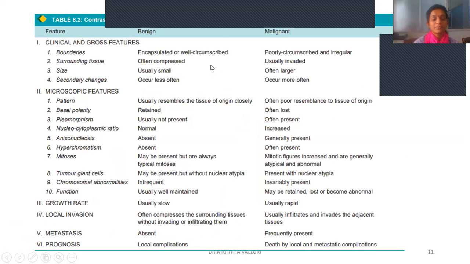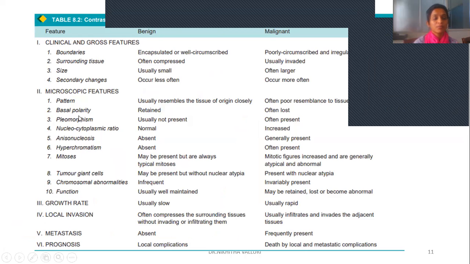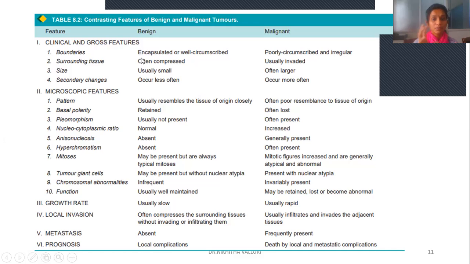So the differences between benign and malignant tumors are very important for your exams also. First, clinical and gross features. Boundaries: benign is surrounded by a capsule-like thing, it is encapsulated. Malignant is poorly circumscribed and irregular, and it may spread cancerous cells into the surrounding tissues.